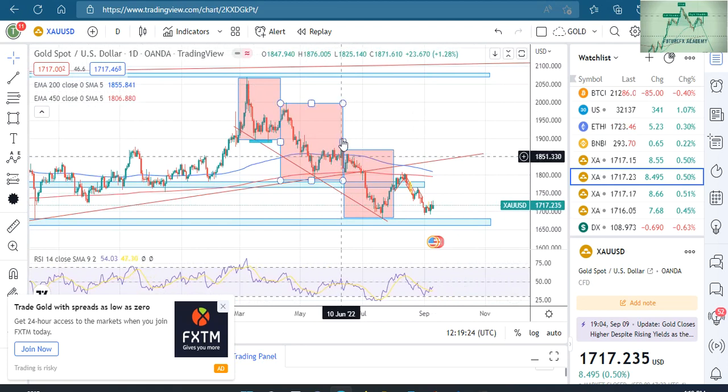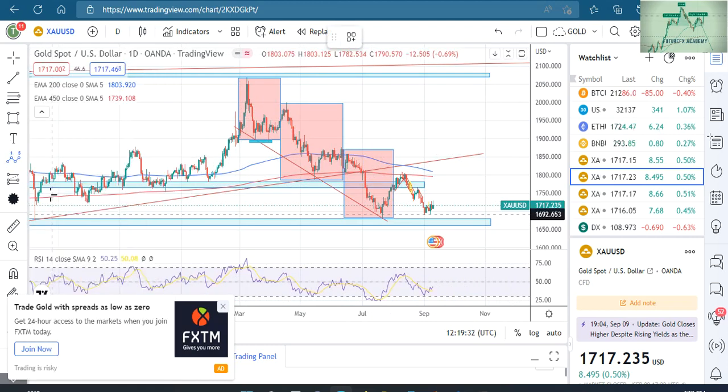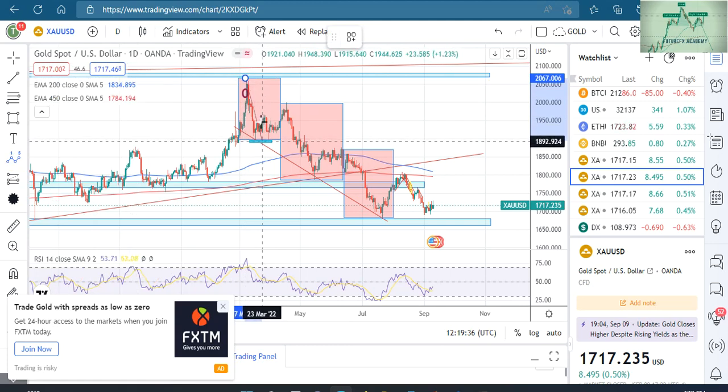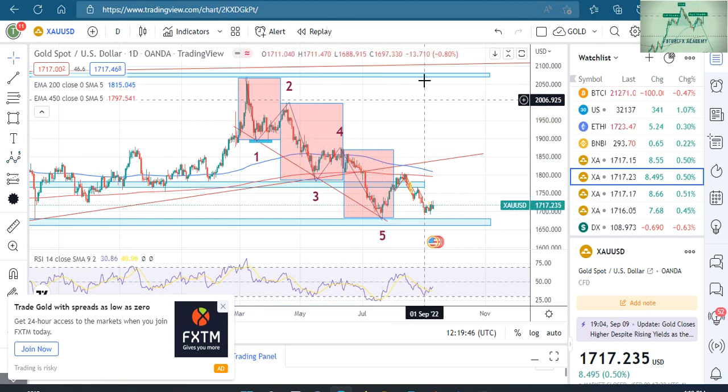Some inner circle traders call it three levels. That's why I put this rectangle. You can see wave one, two, three, four, and five.